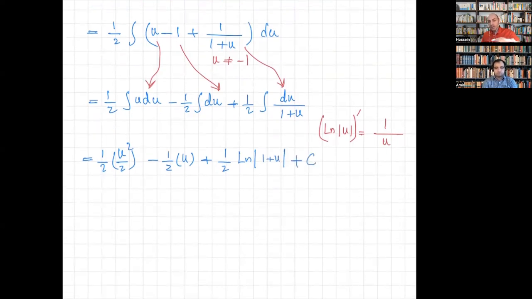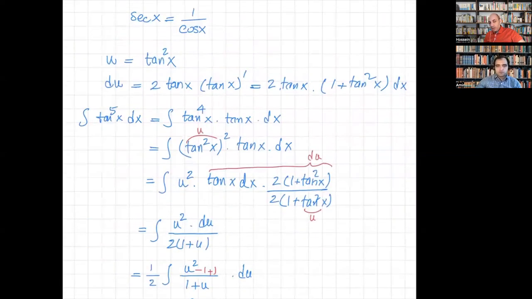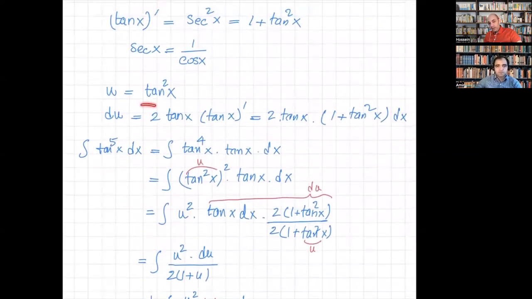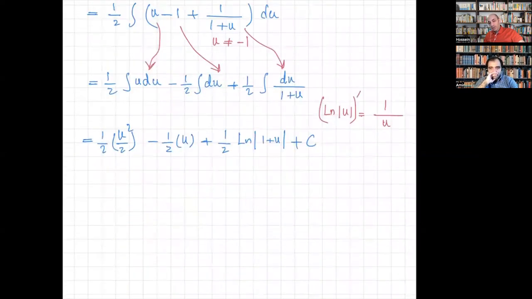Now it's time to substitute u with the tangent squared that we assumed up here. We did a change of variable and assumed u is equal to tangent squared. Now it's time to replace u with that.